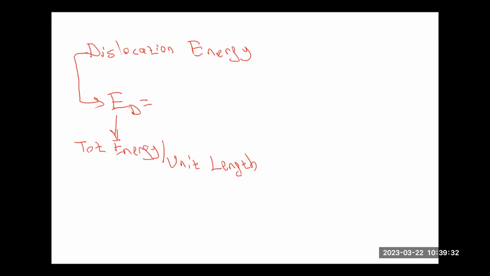Burgers vector. Not Burgers, but it is related to Burgers vector. It's a correct answer, but the answer I'm looking for is the main contributors. One is the energy contained in the elastic field, right? Elastic energy plus the energy in the core, the core energy.